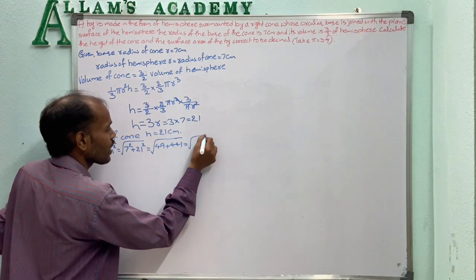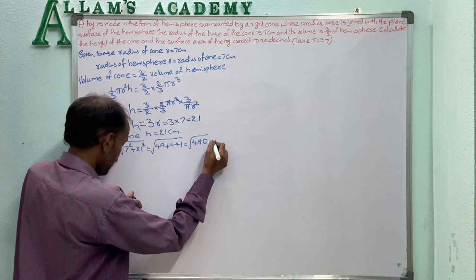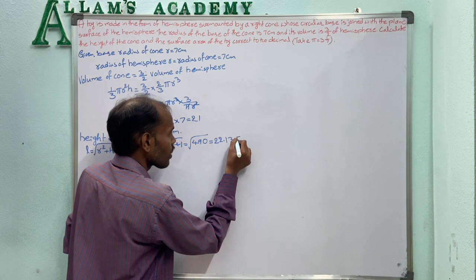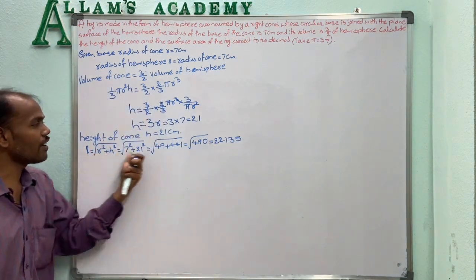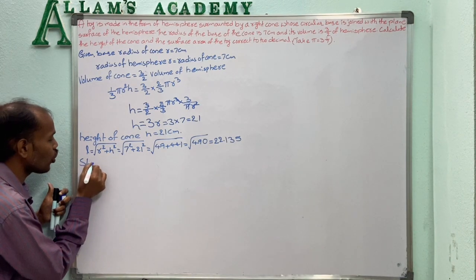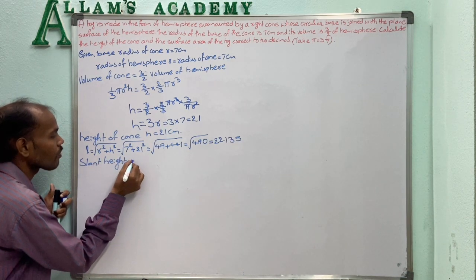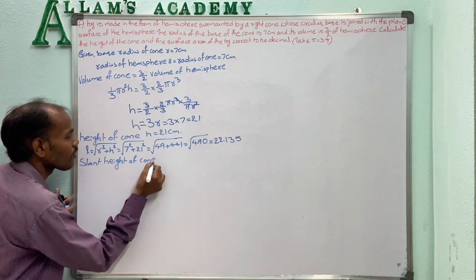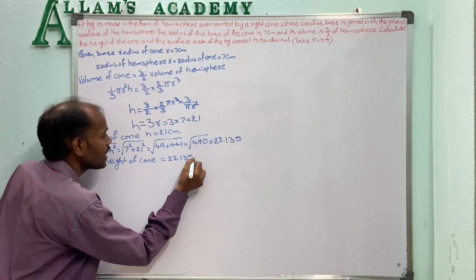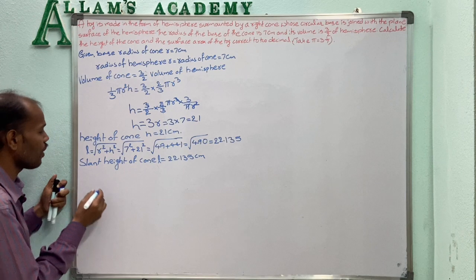So under root 49 plus 441 equals 490. Root 490 is equal to 22.135. So the slant height of the cone equals 22.135 centimeters.